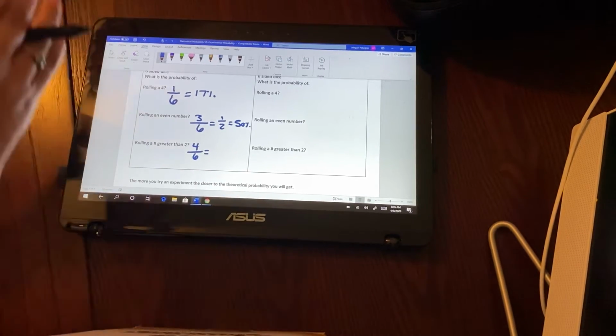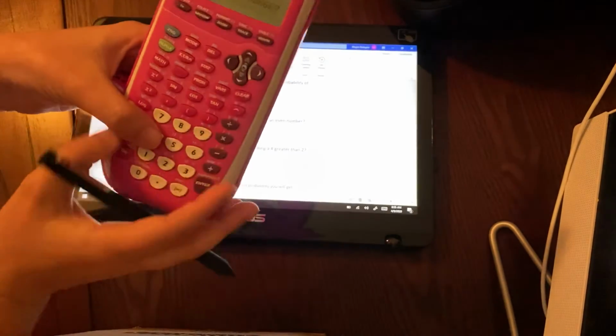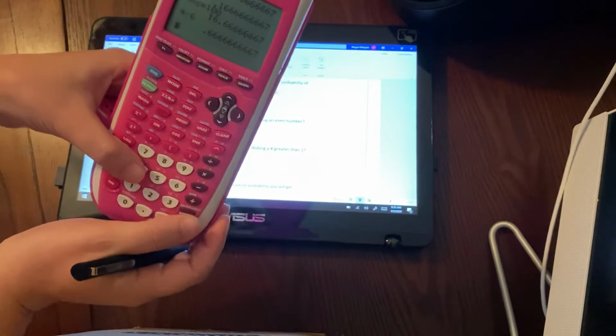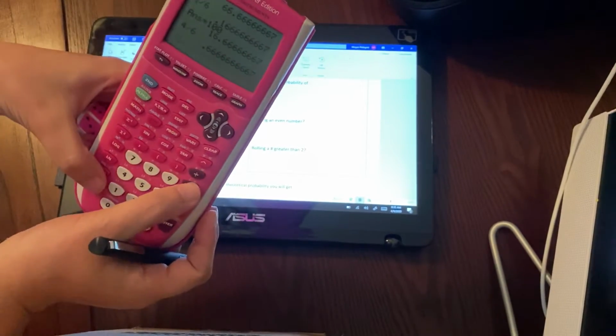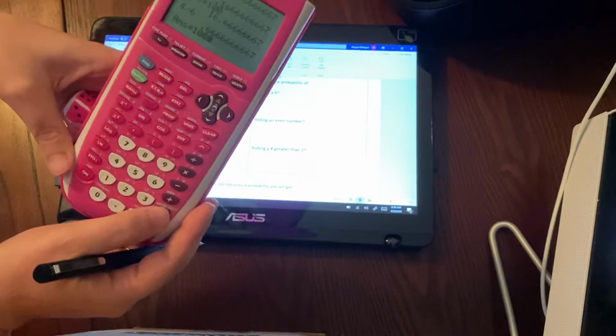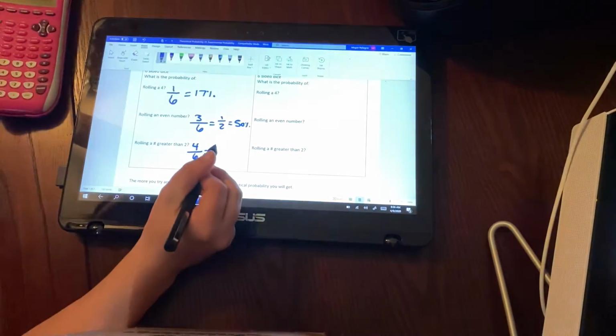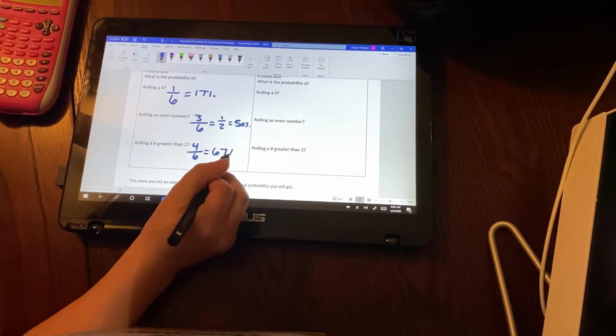So 4 out of 6 is 0.6 repeating on forever. So times 100, or move that decimal 2 places to the right, gives me it is a 67% chance.